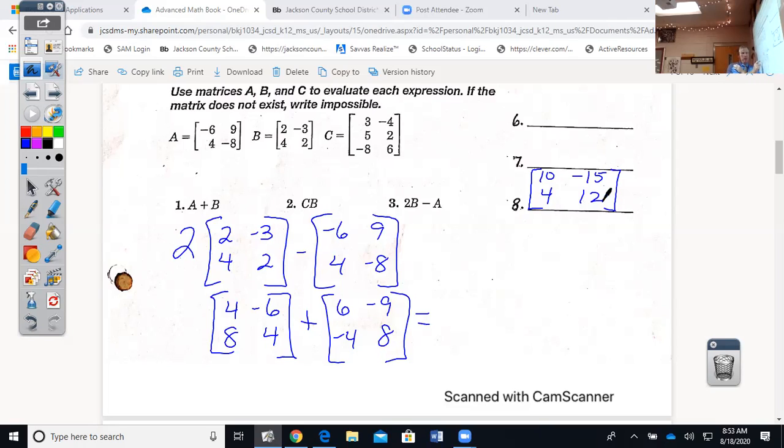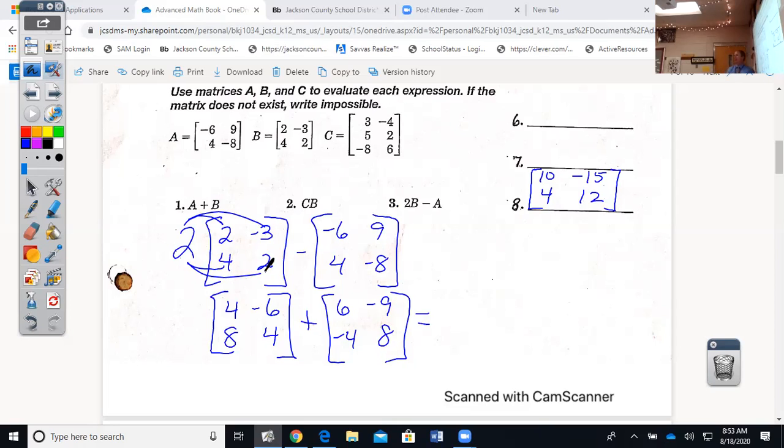So I wrote 2 times b, and then I distributed the 2 to the entire matrix, and that gave me this one down here. And then here I changed that to a plus, and changed all my signs. It's basically I distribute negative inside it. And then I just added the numbers, just like we did on 1, okay? Yes, sir.